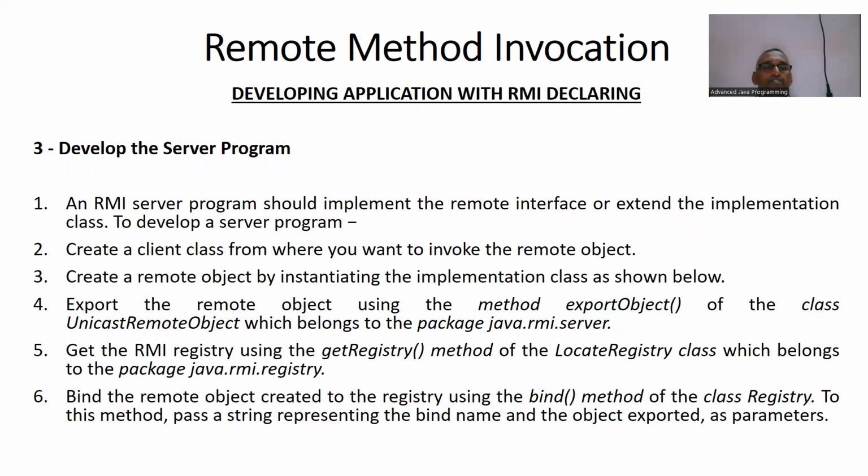Get the RMI registry using the getRegistry method of the LocateRegistry class, which belongs to the package java.rmi.registry. Bind the remote object created to the registry using the bind method of the class Registry. To this method, pass a string representing the bind name and the exported object as parameters.